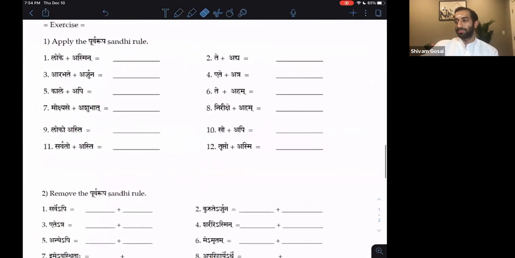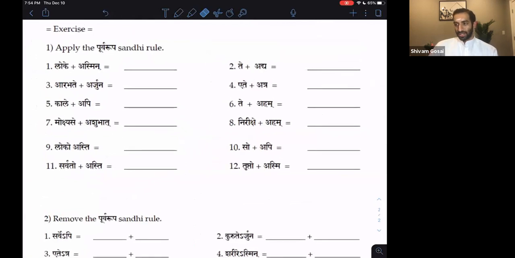Okay, so just applying some purvarupa-sandhiḥ. We're going to have to go a little bit faster so we can do some review. Loke plus asmin. We have A or O preceding a, and this A or O is at the end of a pada. Therefore there's purvarupa. So it's lokesmin.